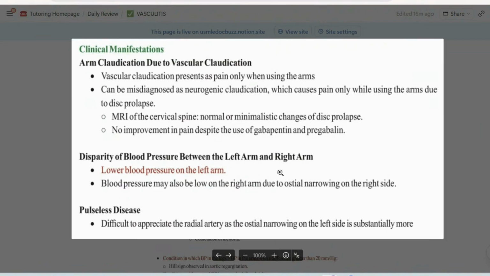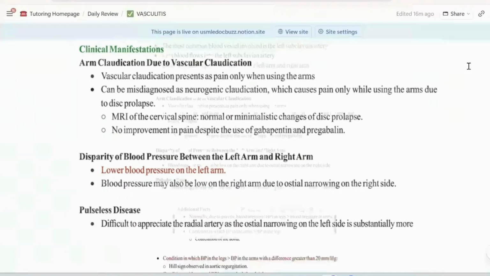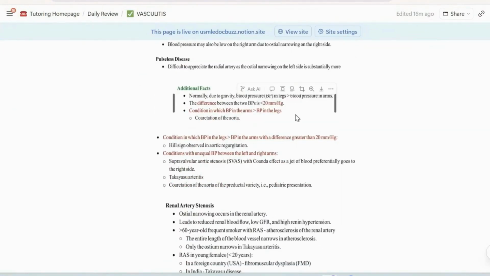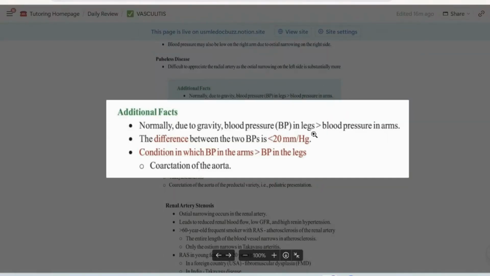Disparity in blood pressure, we understand that. And the radial artery with the osteal narrowing, we understand that. Okay, so usually the BP discrepancy is at least about 20 millimeters of mercury. The difference between the legs is going to be constant always, but the difference between the arms and the legs is also considered, okay?